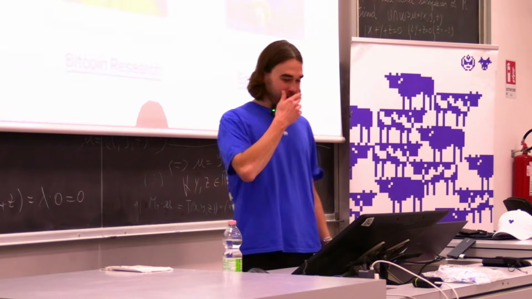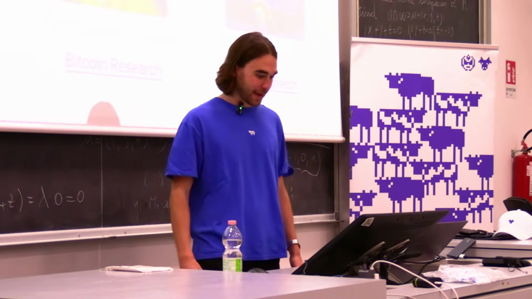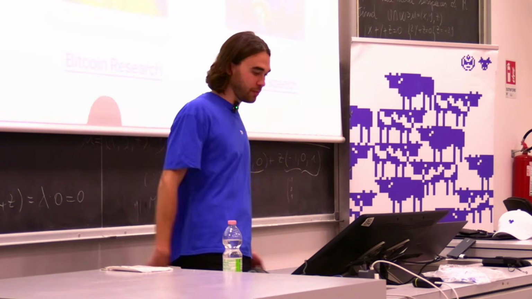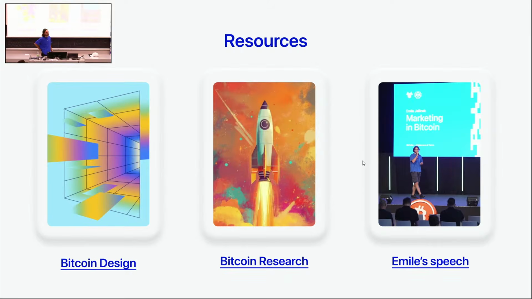And some other resources. I did a speech in Prague about communication and marketing, which I would say is useful in general. It's less than 20 minutes, so you can get a few more ideas on the state of the art of Bitcoin communication and marketing.